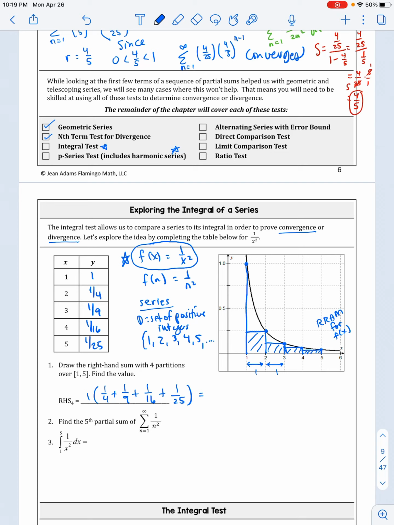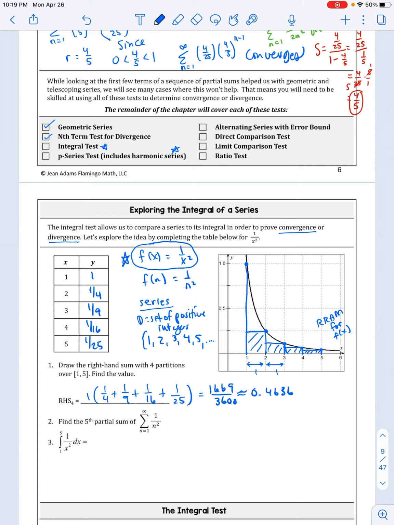But it just so happens to be my partial sum, but not including the very first one, okay? So this is the sum of the second term, the third term, the fourth term, and the fifth term. If I put that in my calculator, I get 1669 over 3600, approximately 0.4636.